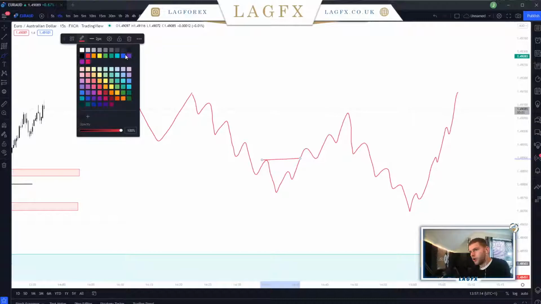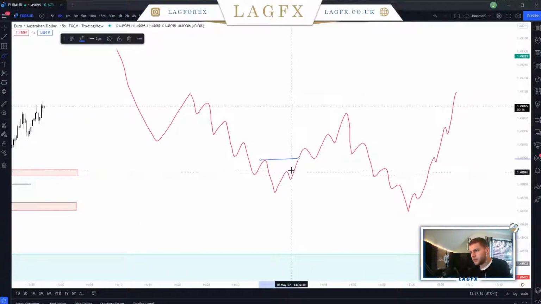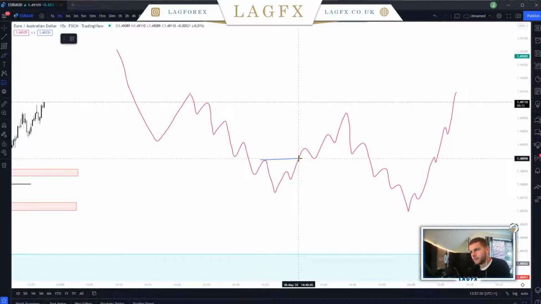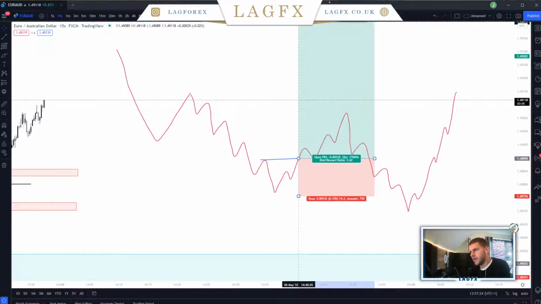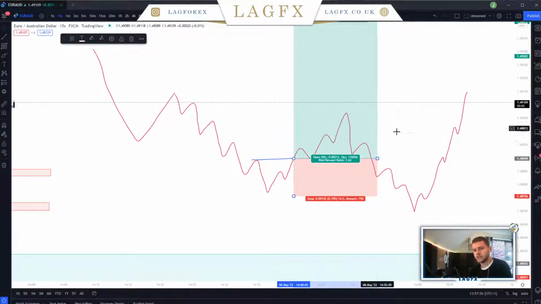Now, the reason why we need to do a top down is because we could view this displacement and then say, look, we've had a displacement, let's go long. Okay, so we could have this down there and just have our take profit at some imaginary level that we expect price to trade to because we've had a displacement.